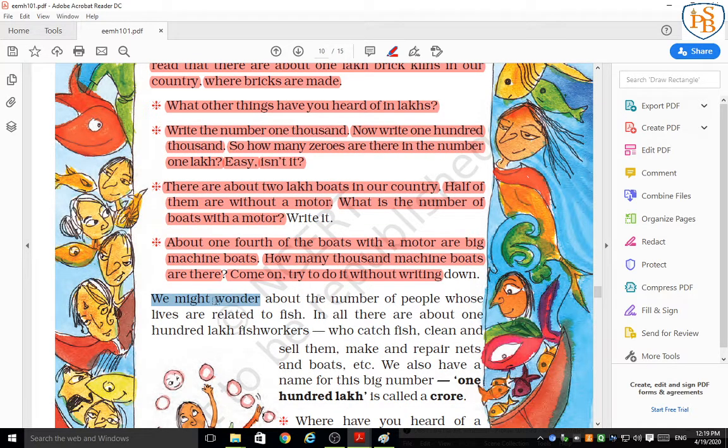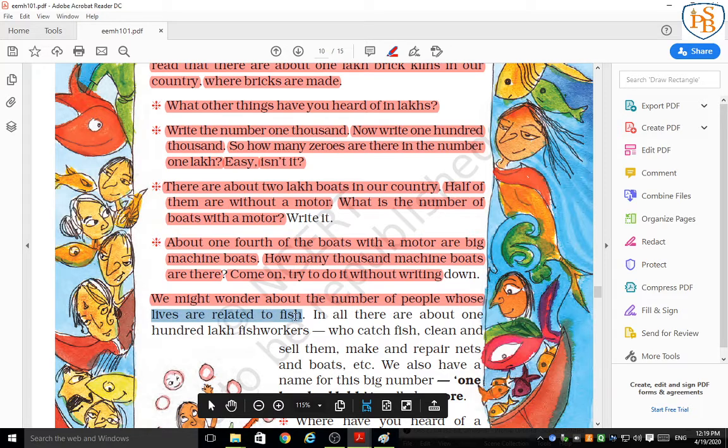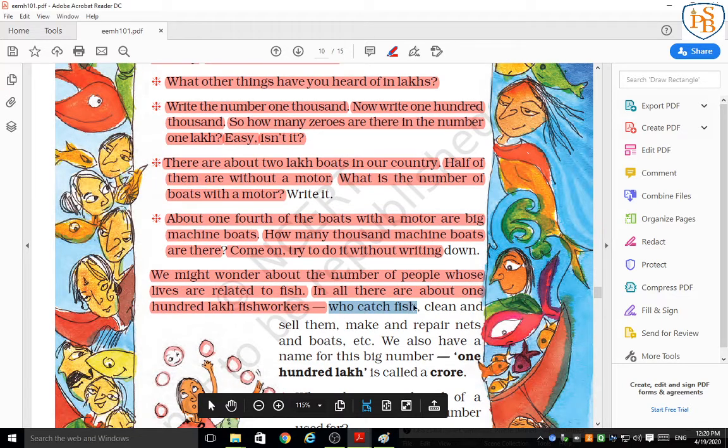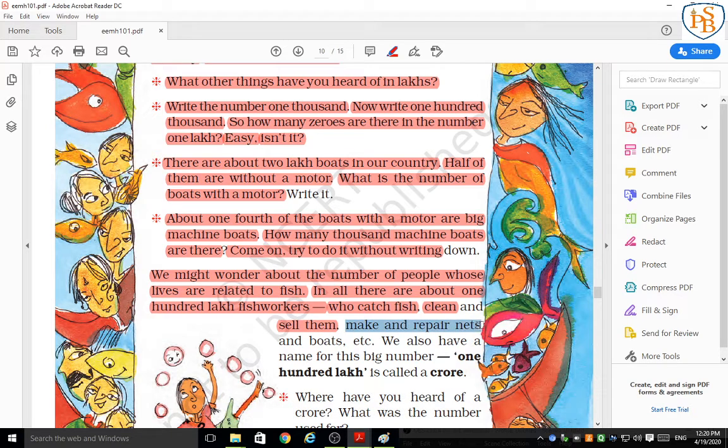Now next, we might wonder about the number of people related to fish. In all, there are about 100 lakh fish workers. Related to fish means who catch the fish, who clean, who sell, and who make and repair nets and boats, etc. They are doing this work.